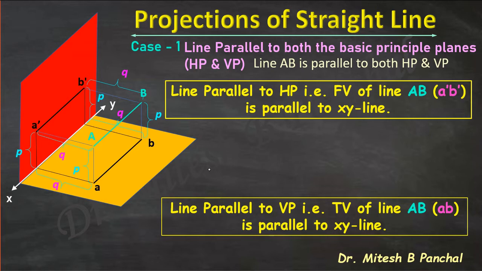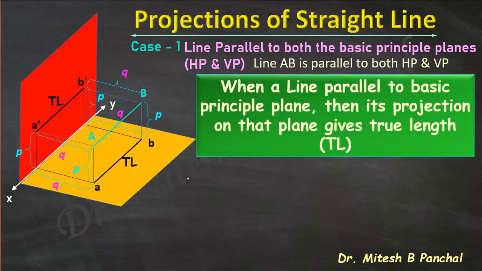Now another important point from this figure, we can say that for orthographic projection, when a line is parallel to a basic principal plane, then its projection on that plane gives true length.